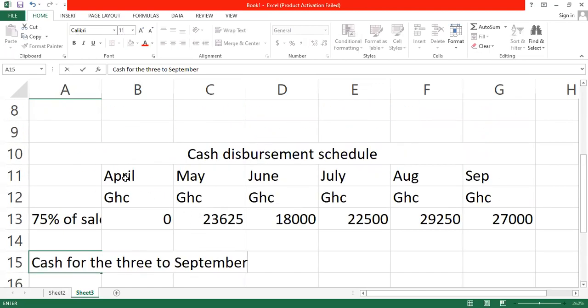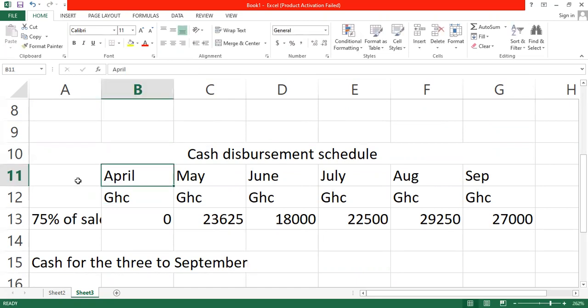So this April's goods will be received in what? March. April's goods will be received in March, isn't it? And the money will be paid 2 months from March, isn't it? Which will be in May.